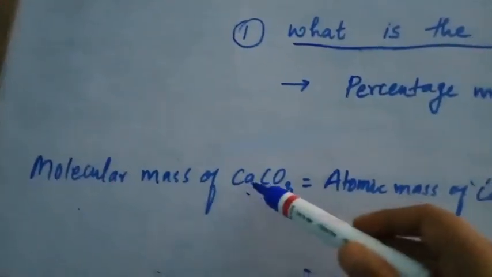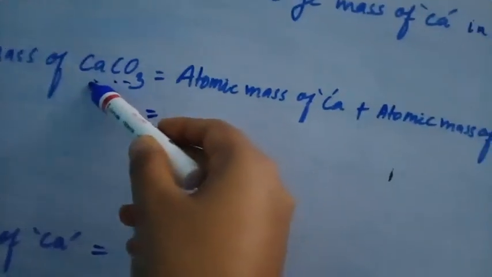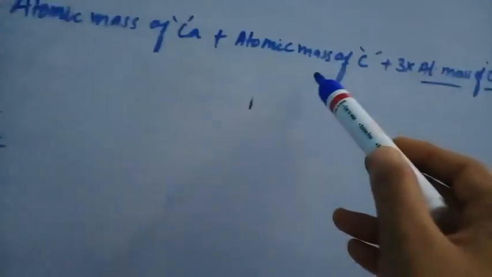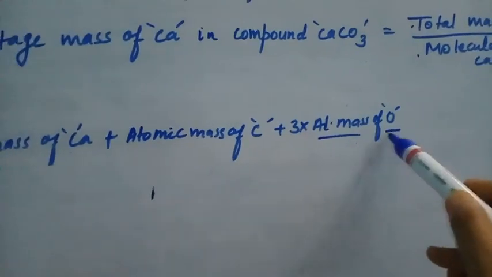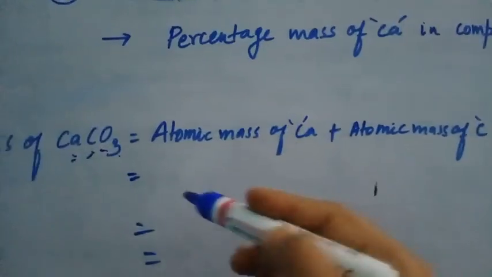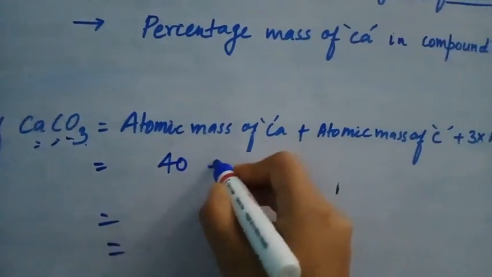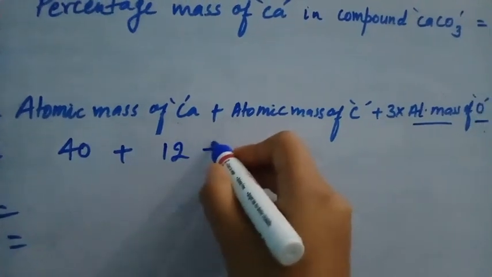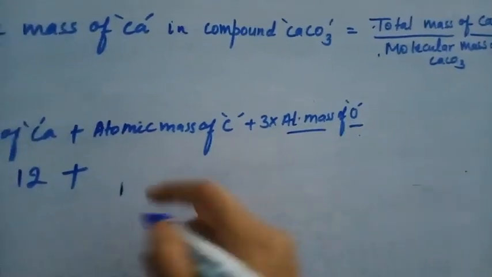So molecular mass of calcium carbonate, you know how to calculate. It is equal to atomic mass of calcium plus atomic mass of carbon plus 3 into atomic mass of oxygen. So what is the atomic mass of calcium? It is 40 u, plus atomic mass of carbon, it is 12 u, plus 3 into atomic mass of oxygen.